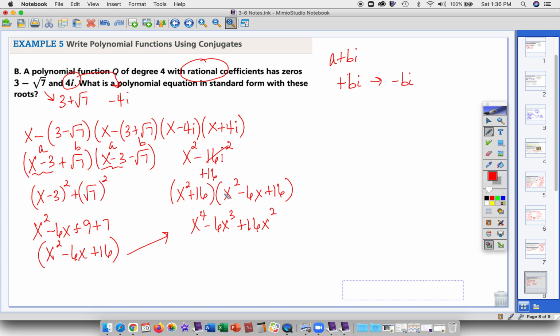Then I'm going to distribute the 16, so I have plus 16x squared minus 96x, and then plus 16 times 16.